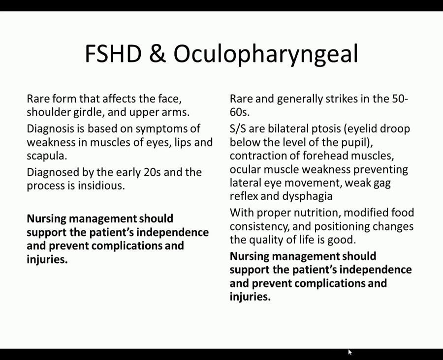Proper nutrition: they may need their diet modified as far as the consistency of their food goes. And they should have a good quality of life if they are taught how to accommodate for their problems.